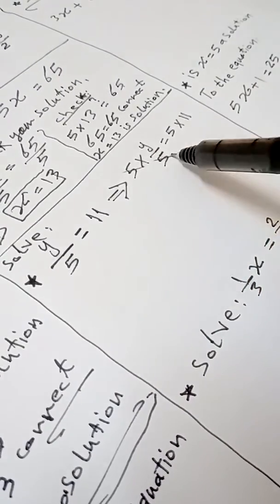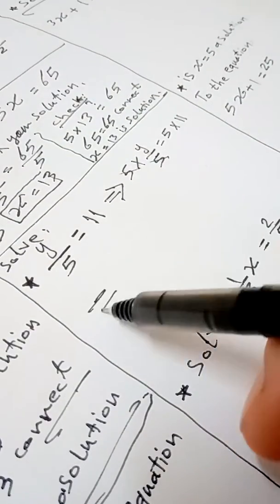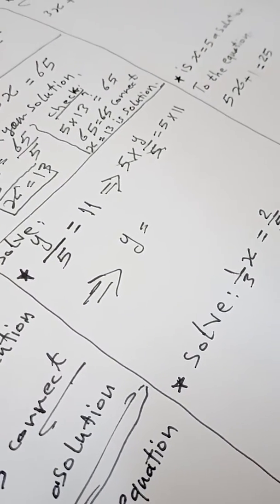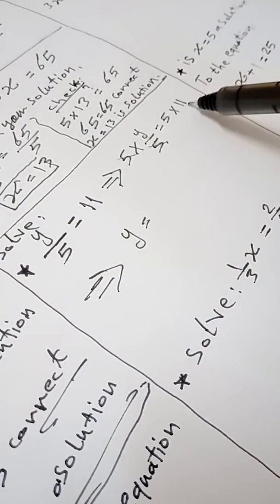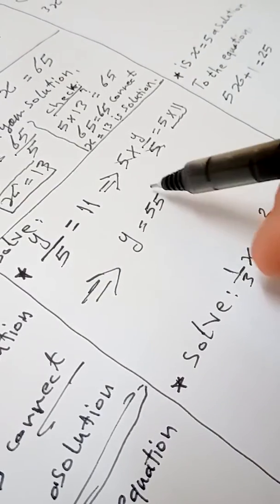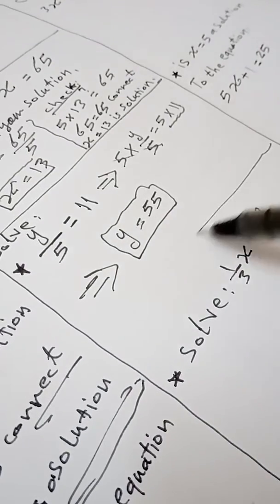Remove 5 with 5 because 5 divided by 5 will be 1. Remains here y. So y equal 5 times 11 will be 55. So this is the solution.